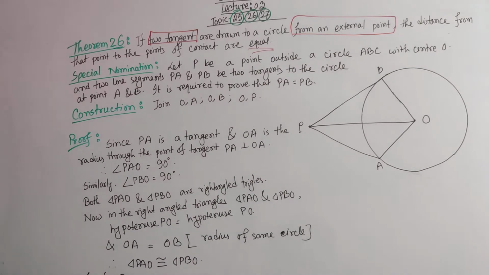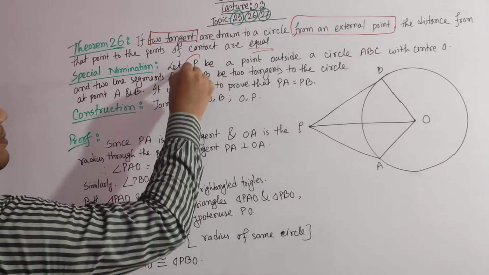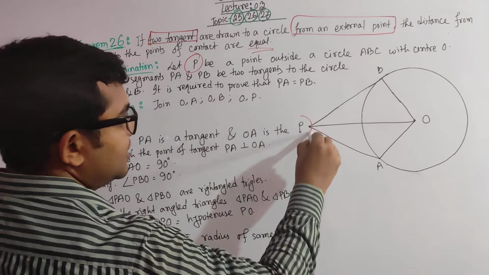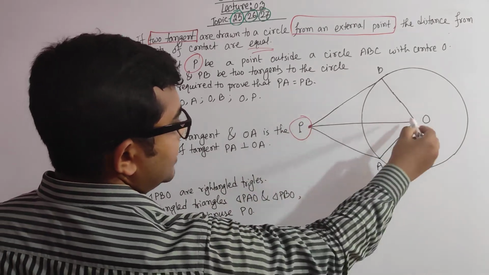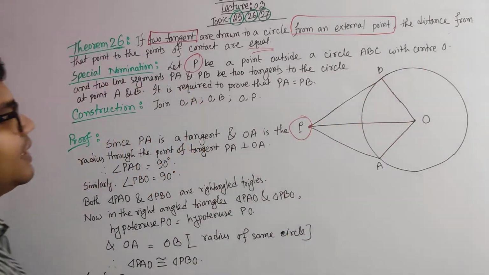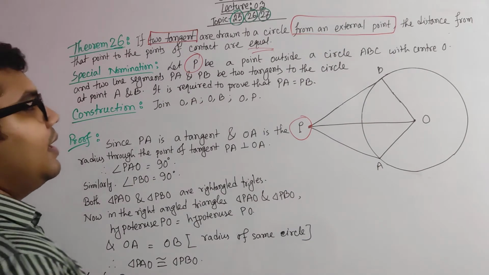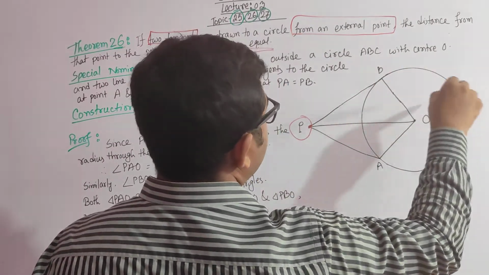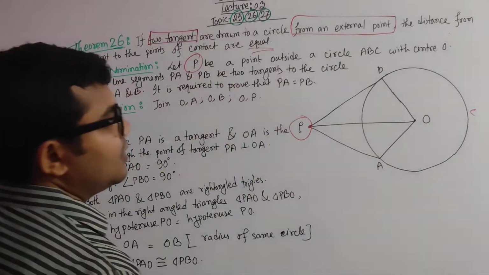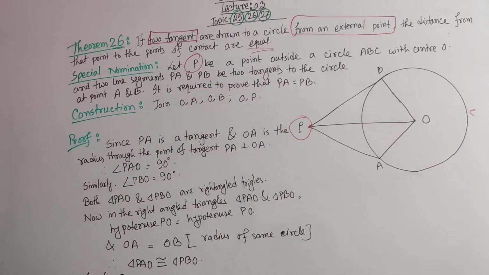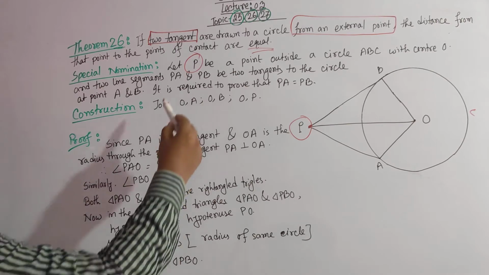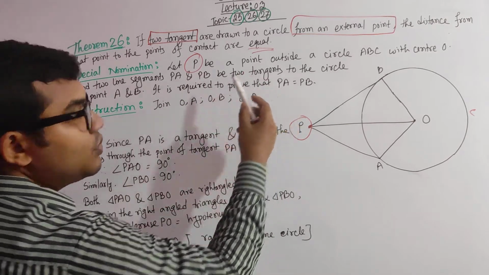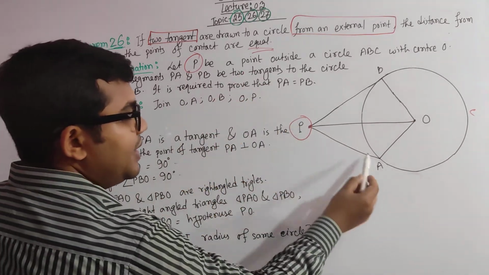Let P be outside of the circle with center O, and there is a circle, say through A and B, with center O, and two line segments PA and PB are two tangents.